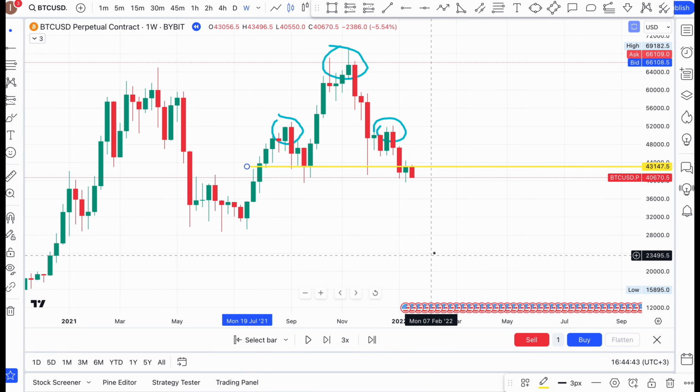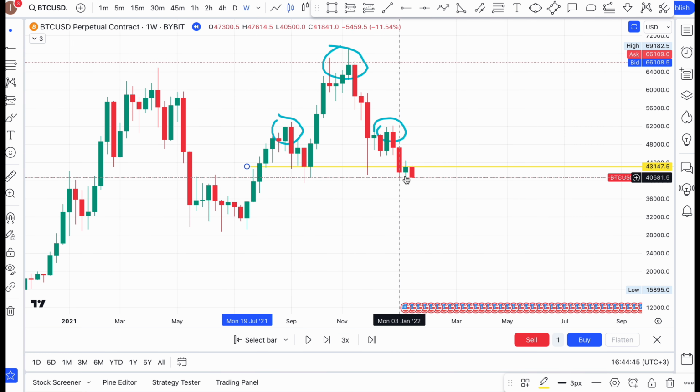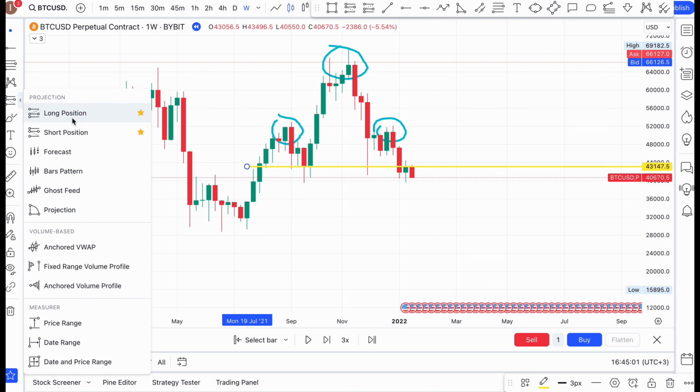So now we see that a candlestick has closed just below the neckline, right? So this tells us that this market has met our confirmation and we can safely enter this market.